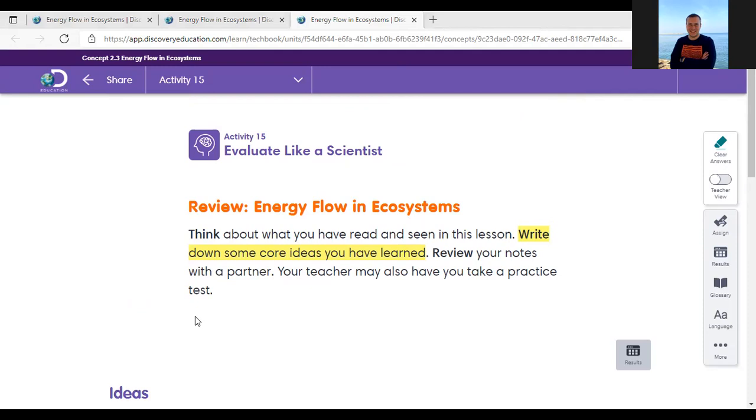I'll give you a few seconds to think about what you already have learned from this concept. Then I'll hear you all. Okay, guys, whenever you're ready, just raise your hand. Think about what we have studied in concept 2.3, the energy flow in ecosystems. Then tell us what you remember or what you understood from this part.